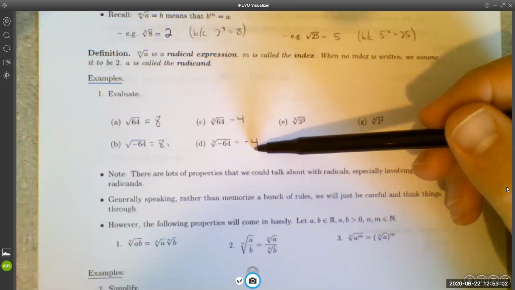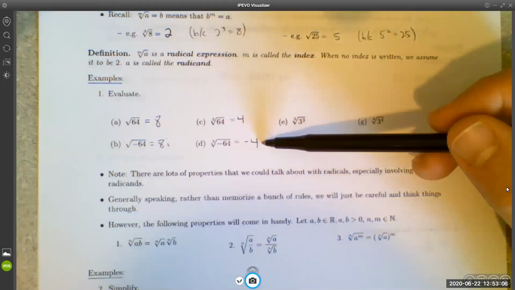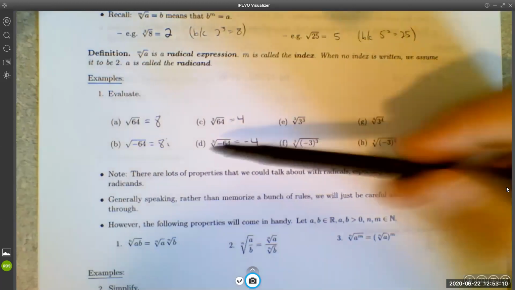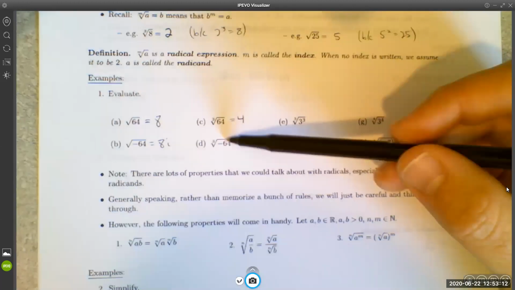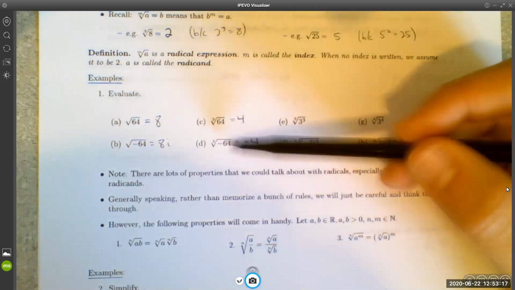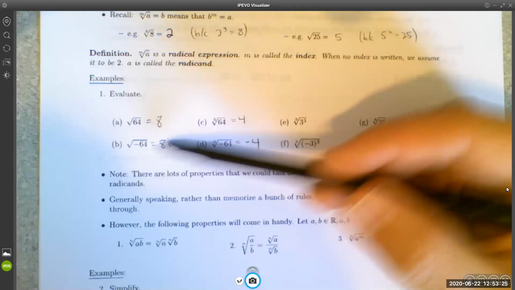So you don't need to call it 4i or negative 4i or something like that. It's just negative 4. In general, there's no problem with taking odd index radicals of negative numbers, right? That's not an issue. It's only when you have even index radicals of negative numbers that the solutions to those are not real numbers.